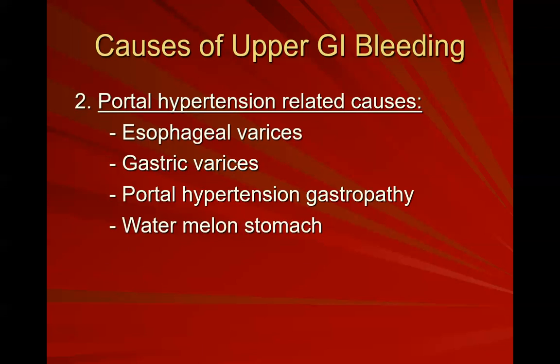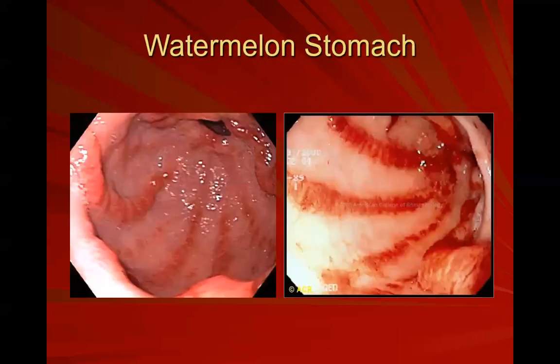Gastropathy means there is a mucosal injury related to vascular anomalies, and in this case we're talking about the gastric varices. So the mucosal surface would be affected, and it would manifest as a watermelon stomach. This is the image of the watermelon stomach.